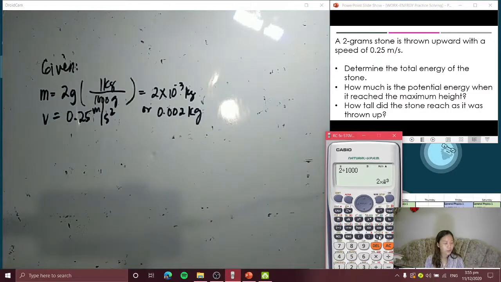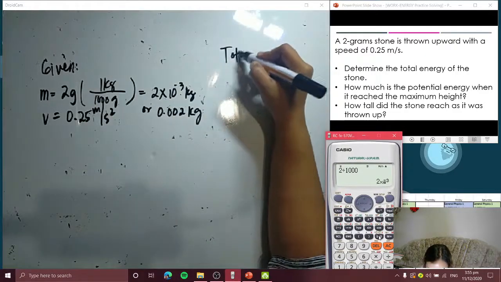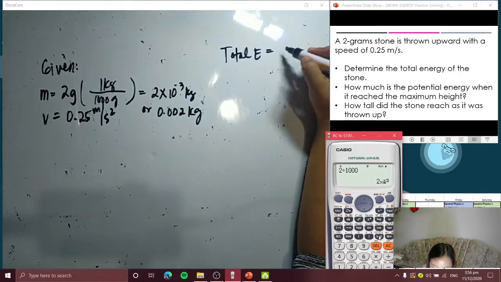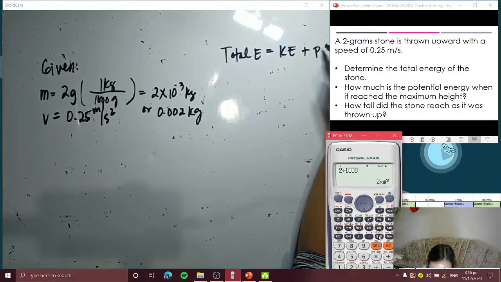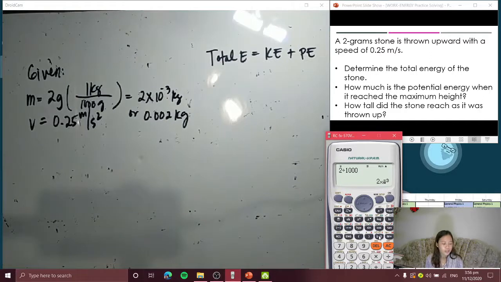Okay. So, we are going to look for the total energy. So, how can we determine the total energy? Take note nga si total energy, kung madumduman nyo pa, the total energy is equal to KE plus PE.